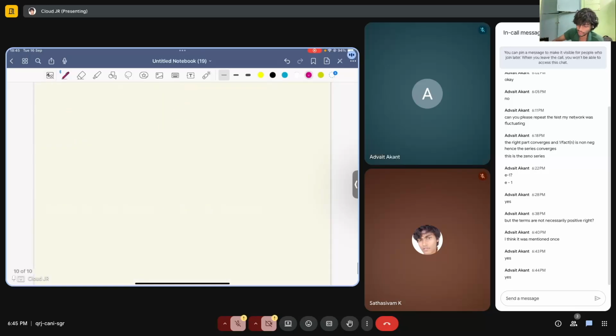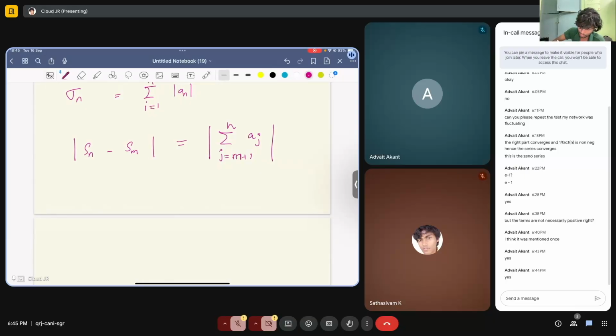And now you just apply the triangle inequality. I mean, multiple times you have to apply the triangle inequality, and you will get the sum from j equal to m plus 1 to n of aj. And this is nothing but sigma n minus sigma m. Okay.